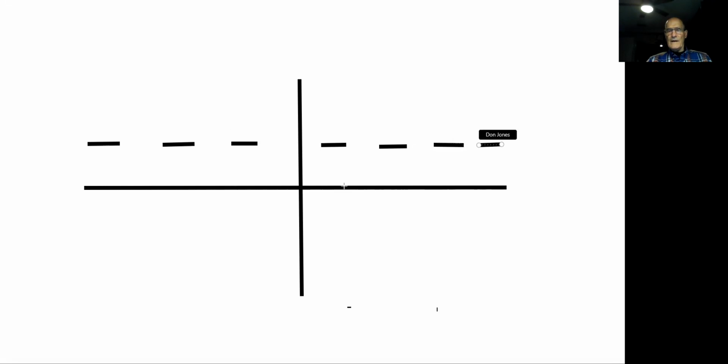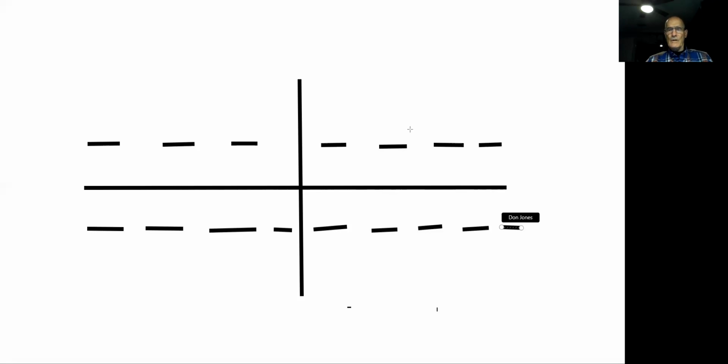So that's our y equals 1, and then here's our y equals minus 1. If I could dash this line, it'd be a whole lot easier.